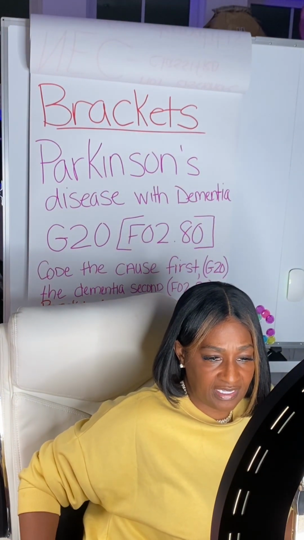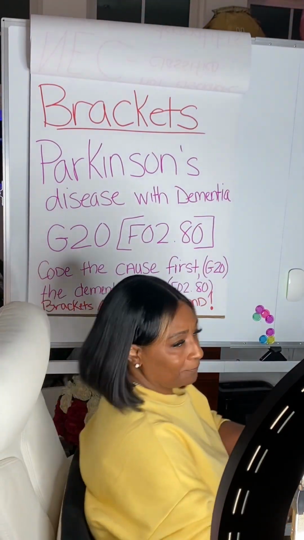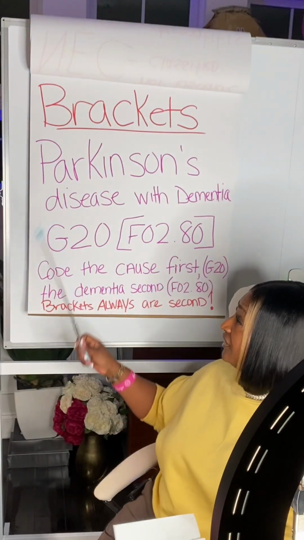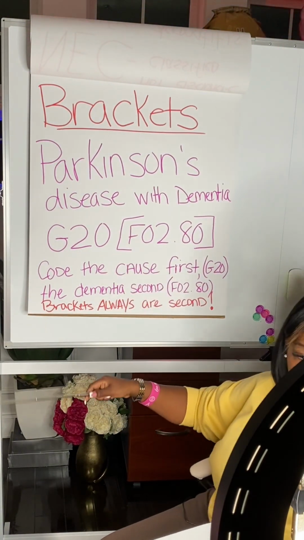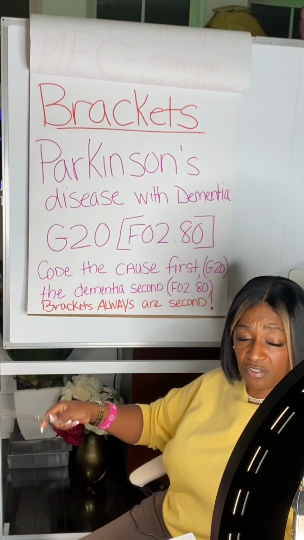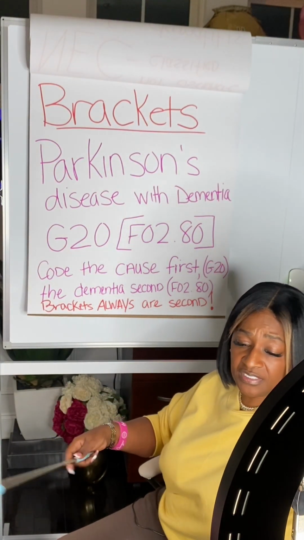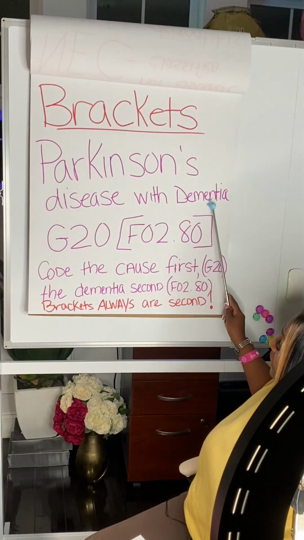Okay, yes. All right, so let me talk about this, because remember I said, we're on the coding convention on brackets. So for instance, we see a diagnosis in the chart. We're going to go to the alphabetic index. The encoder will do it, right? But you still have to know what to do. Parkinson's disease with dementia.